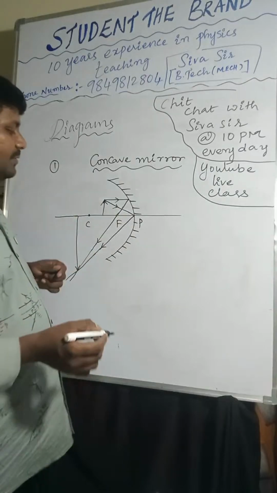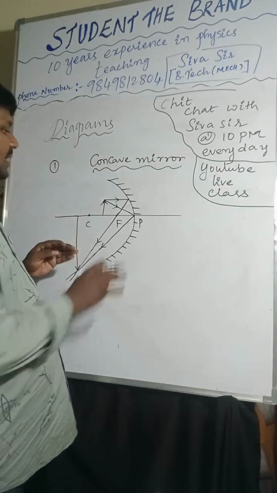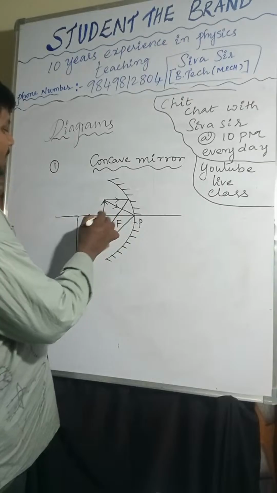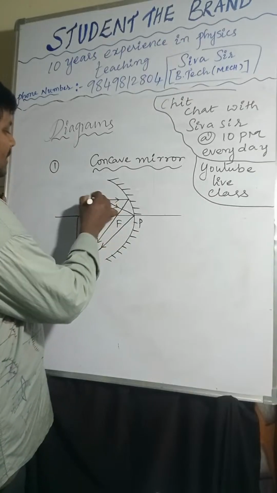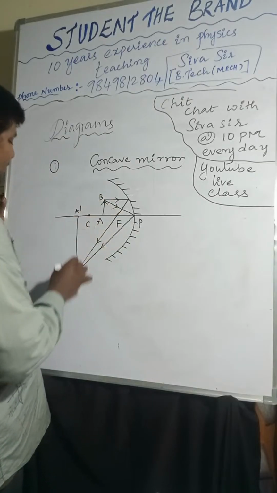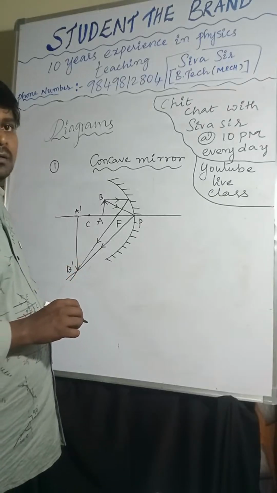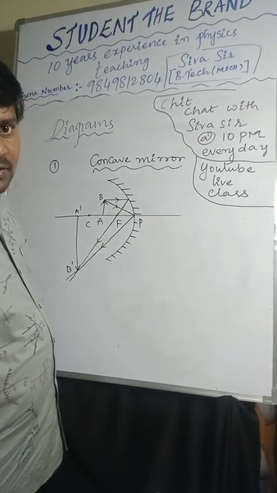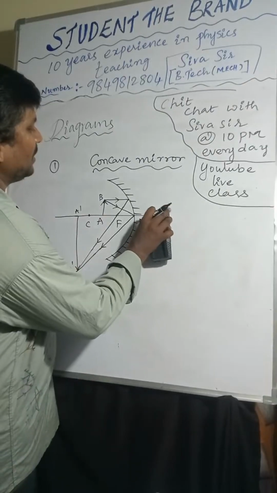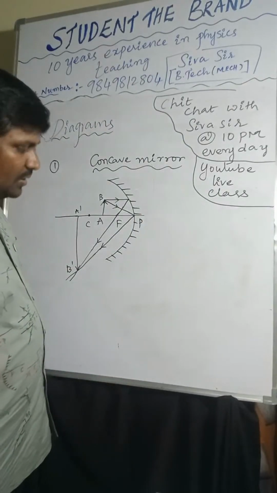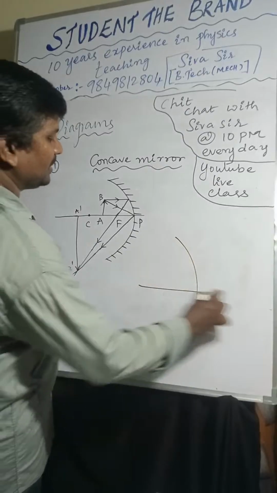Simple diagram, easy. Pole, focus, center of curvature. Here object AB, and here A dash, B dash. Until a certain distance you can consider. This line also is not required too much, so normally without measuring you can take.